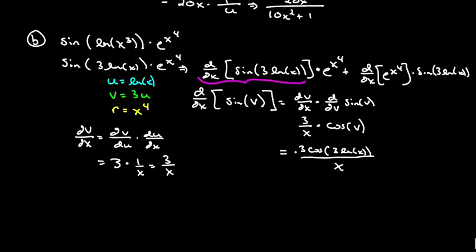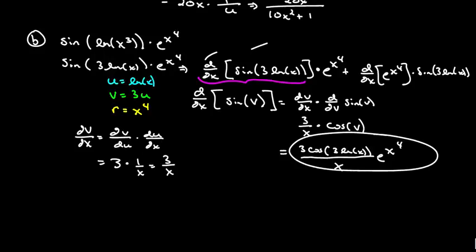Now I've got to multiply that. This guy's got to get multiplied by e to the x to the 4th. Just like that. It's not the only way of doing it, but this is about as good as it gets. So this guy right here, that's this whole guy right here.